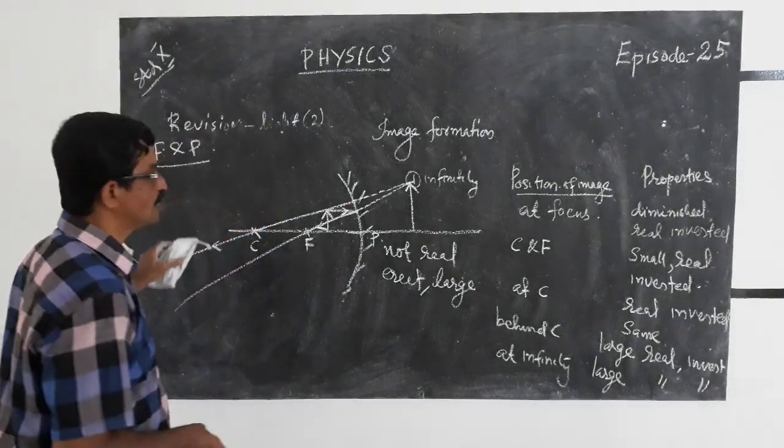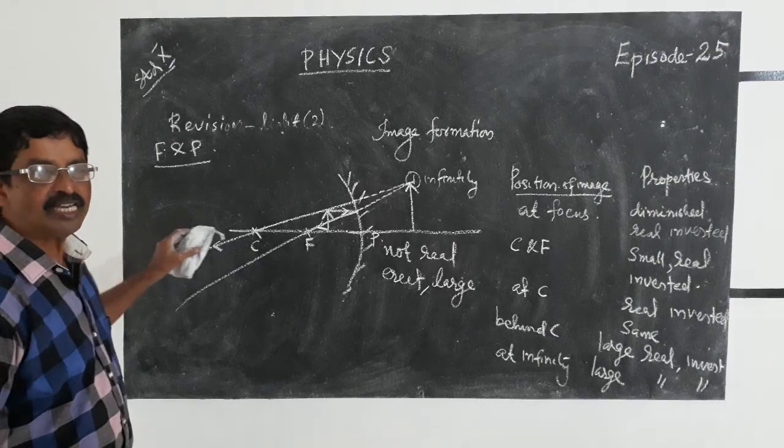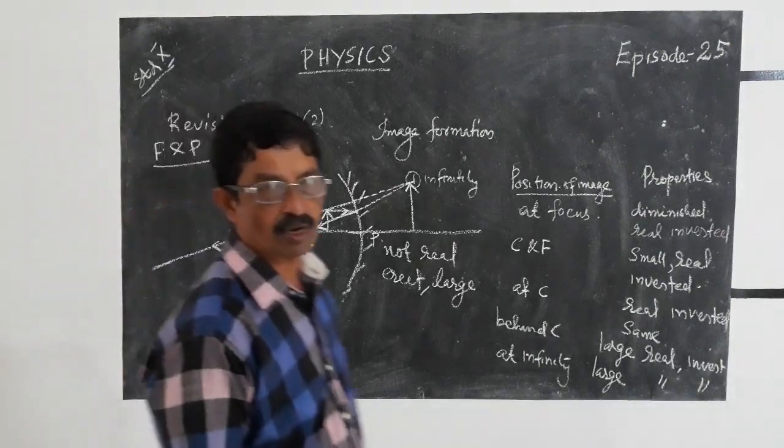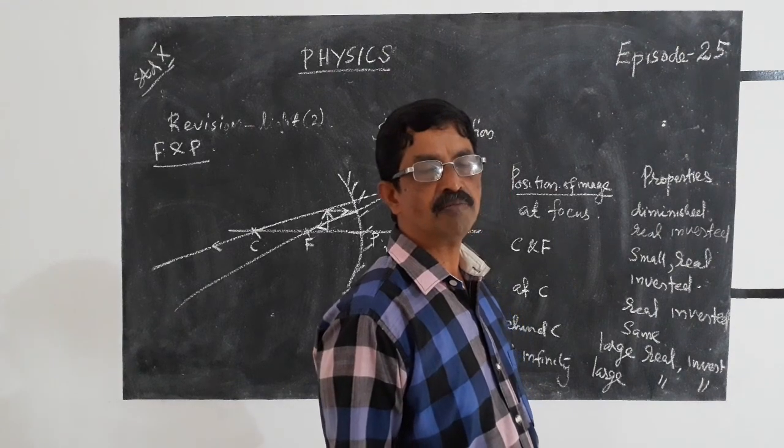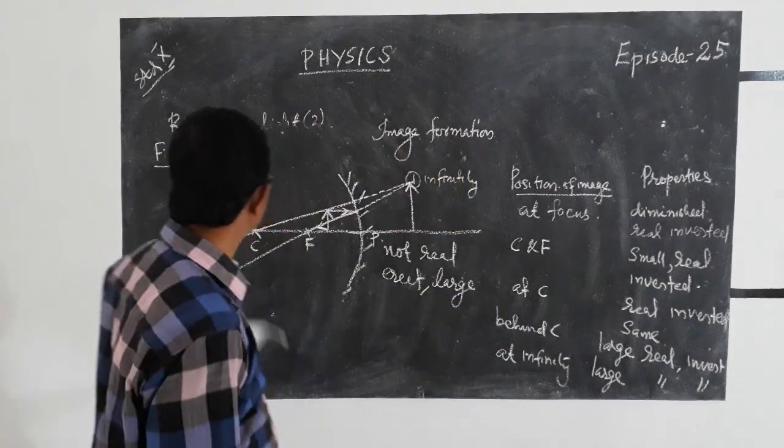Now we can discuss image formation by a convex mirror using a ray diagram.